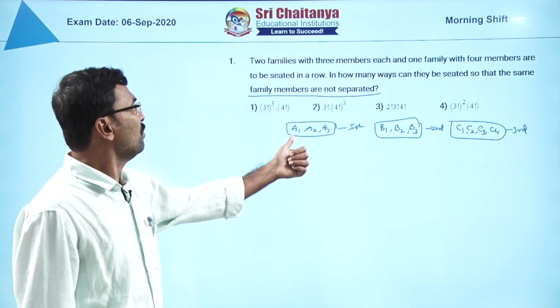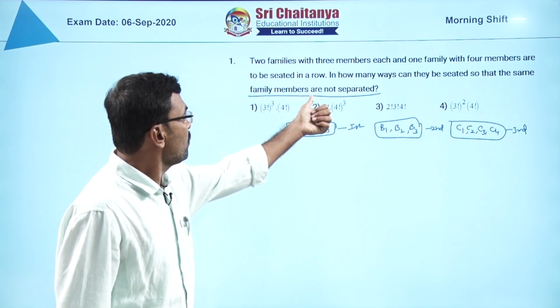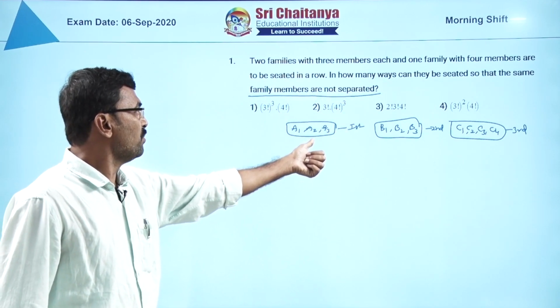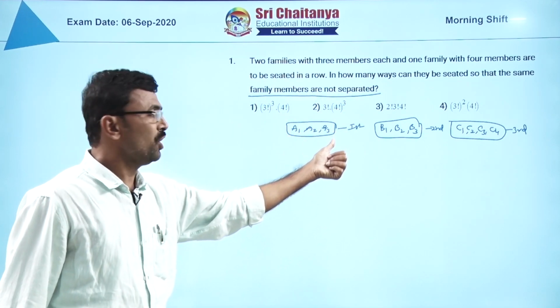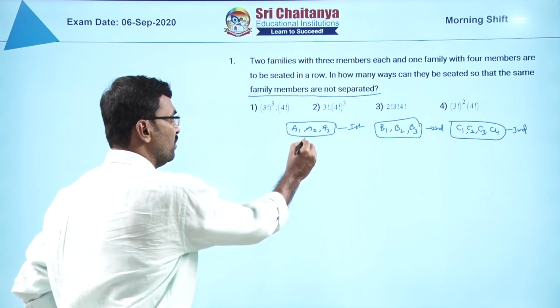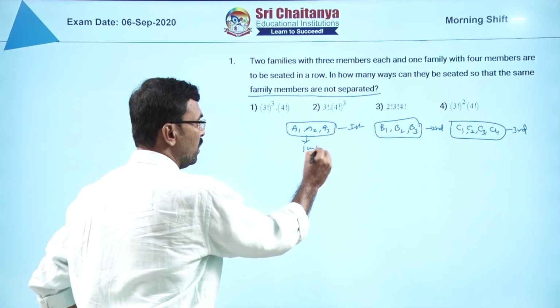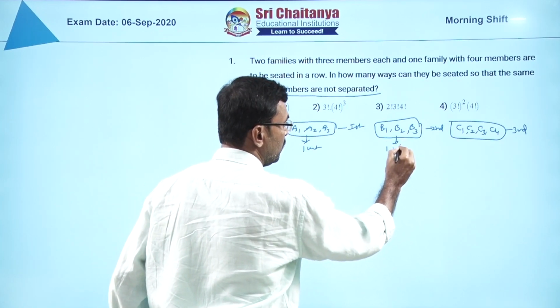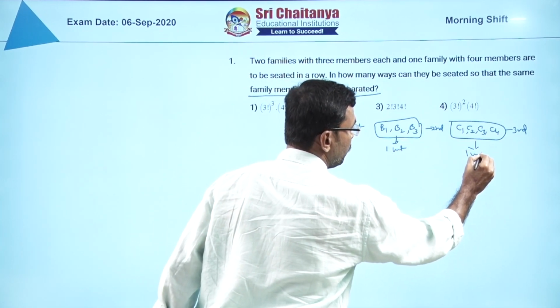Because the same family members are not separated, I am taking the first family as one unit, second family as one unit and third family as one unit.